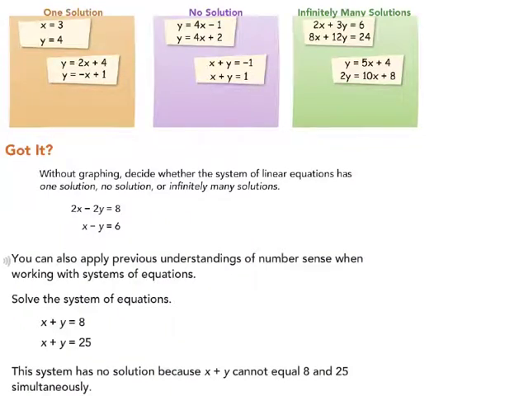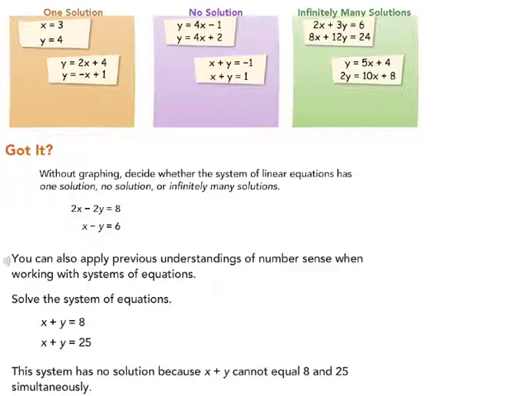This last page of our notes summarizes examples where there is one solution, no solutions, and infinitely many solutions. With the one solution, we have this system of equations here. You should remember that x equals 3 is a vertical line, and y equals 4 is a horizontal line.